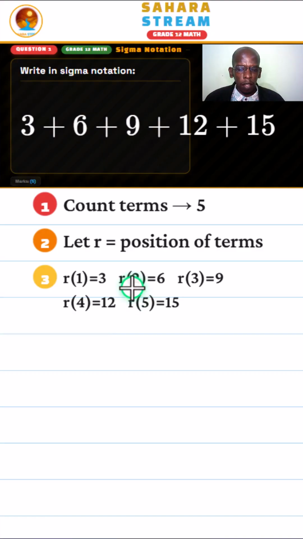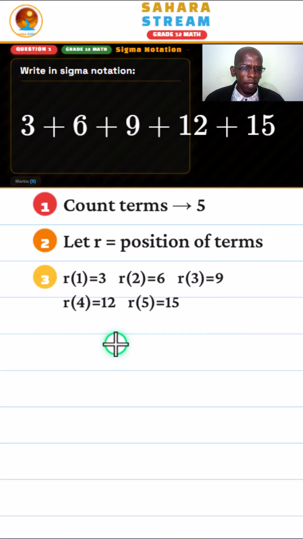Then the second position, R2, is 6. Then the third position is 9. Then we have 12, which takes on the fourth position, and 15, which takes on the fifth position of the terms. So in short, we have 5 terms.